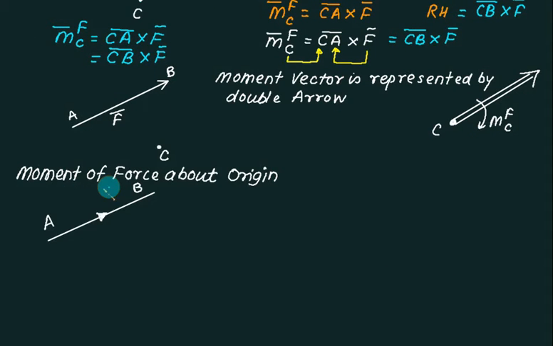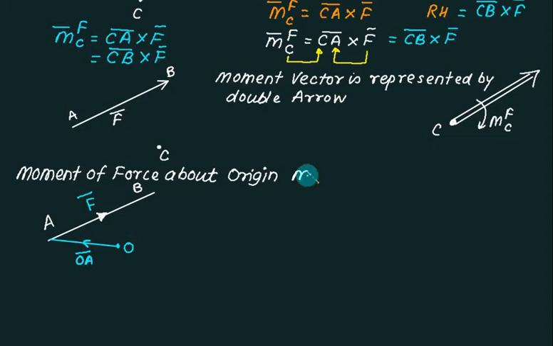If we want to find out the moment of a force vector directed from A to B, and we have the origin point O, you have to join O with A. This vector equals what? OA.